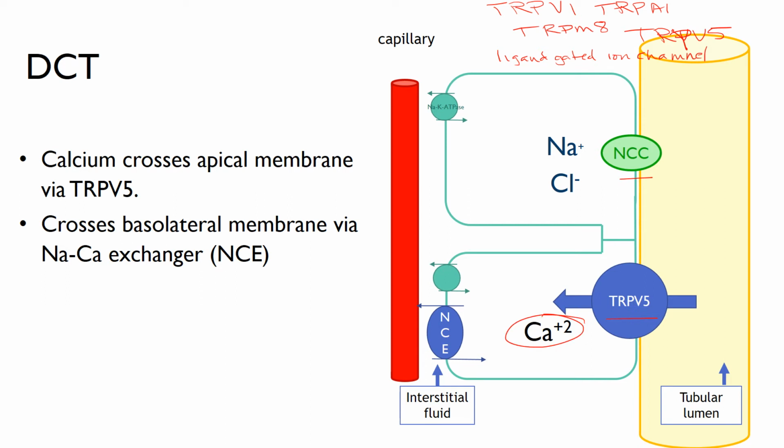So calcium is reabsorbed here. Similar to our other situations, let's talk about the fate of calcium. How does calcium move across the intracellular compartment, reach the basolateral membrane, and then get out again? Well, it gets out using something called an NCE, or a sodium-calcium exchanger, meaning that for calcium to get out, a sodium has to get pumped back in.